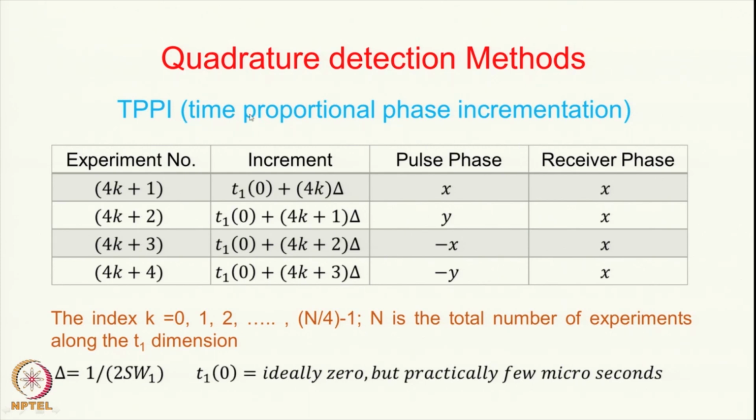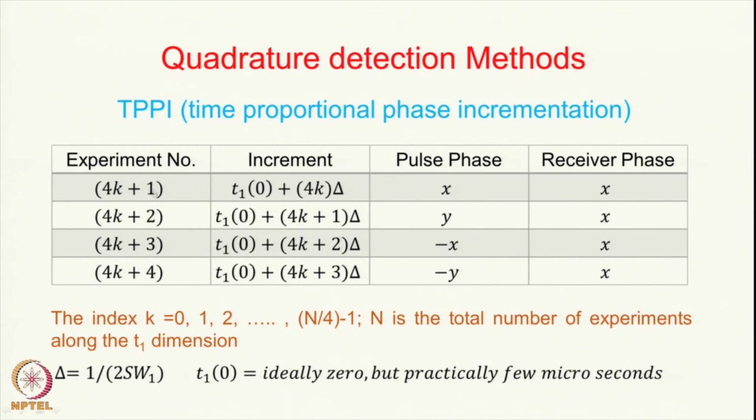When you are collecting 2D data, we are doing a number of experiments with incremental values of T1. T1 starts with a particular value at time t equal to 0, which we call the first experiment, the T1 0 point, and after that we keep incrementing it systematically. Suppose the total number of experiments is n, and we divide this into groups of 4 experiments.